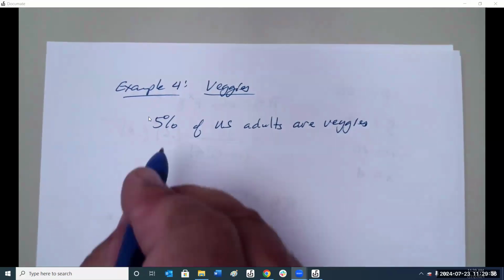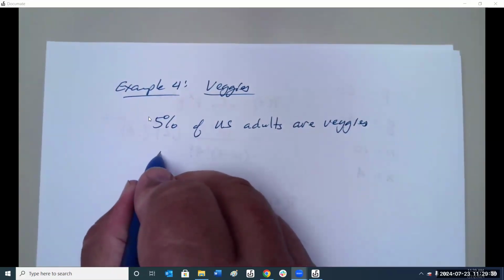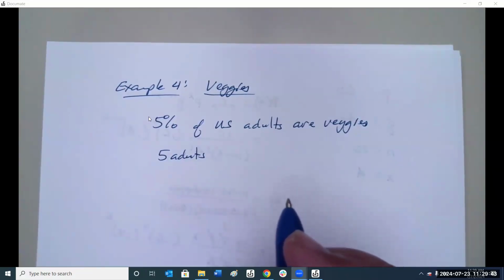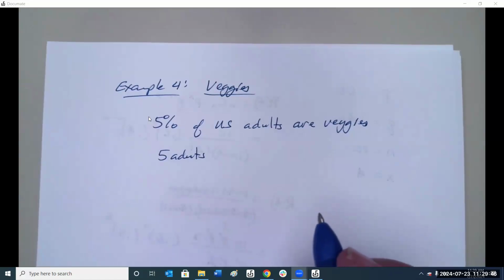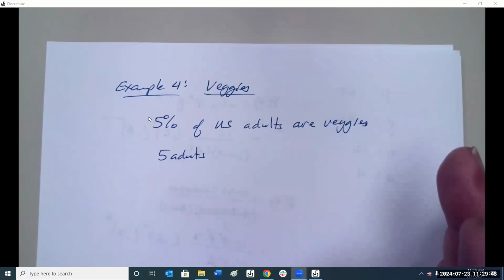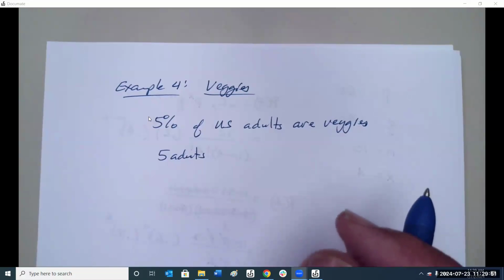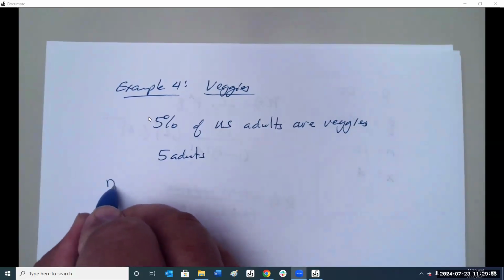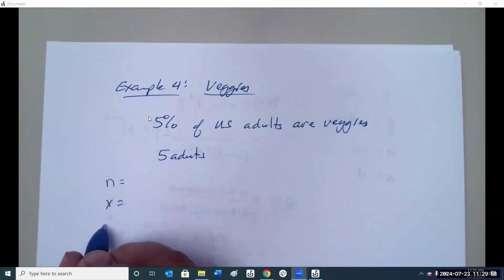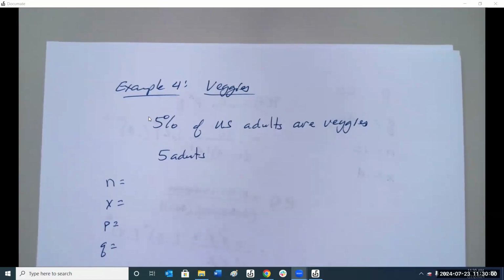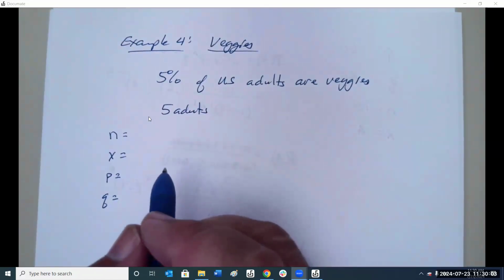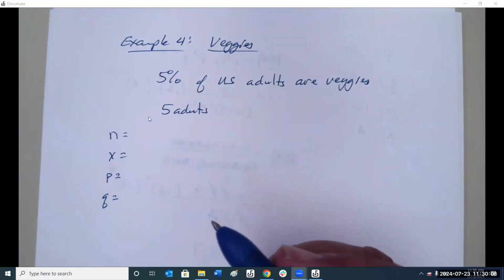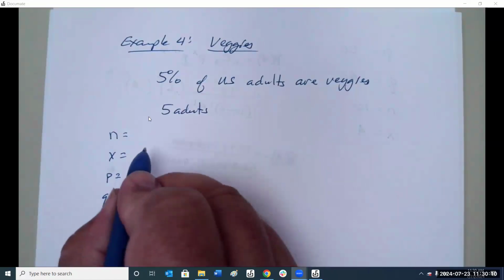If randomly selected 5 adults, find the following probabilities: that exactly 2 of the 5 are vegetarians, then the probability that there are fewer than 3 vegetarians. So we have to figure out n, x, p, and q. So what's my n? How many adults am I looking at? 5. So n is 5.